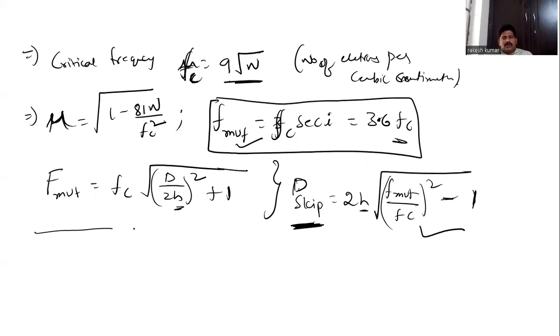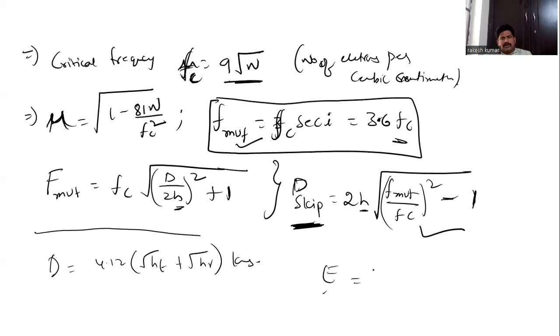Similarly, coming to the troposphere. The line of sight distance D is equal to 4.1 into root of HD plus root of HR, in kilometers. And the electric field strength is 88 root P HD HR by lambda d square.